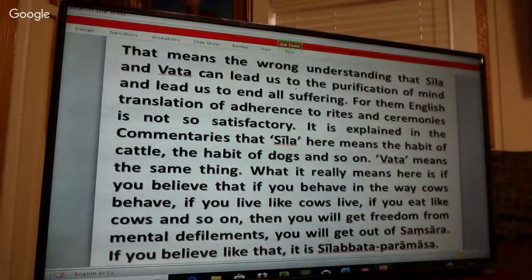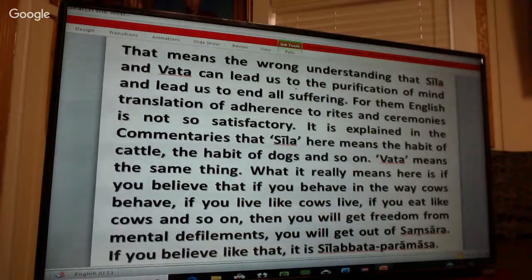Yeah. So that practice, that habit is Silabbata Paramasa, but they don't know. The meaning is that they really believe, in the same way a cow behaves, if you live like a cow, if you eat like a cow and so on, you will get freedom from mental defilement by that practice.